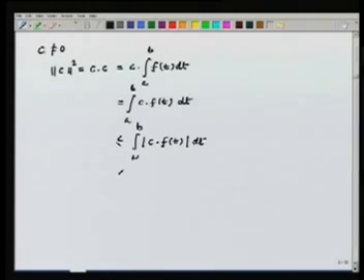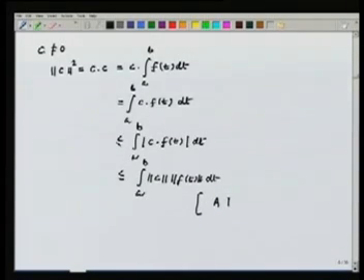Now this is anyway less or equals to integral a to b norm c times norm f(t), which is an elementary inequality about vectors. I will write it separately. What do I mean by this? I mean, if you have 2 vectors a and b, you look at their dot product, then this is a number, then the modulus of this dot product is less or equals to norm of a times norm of b.